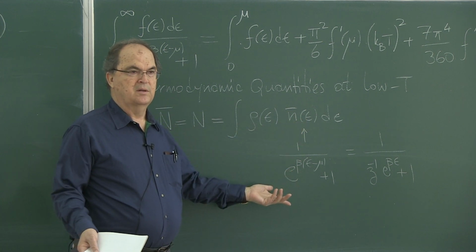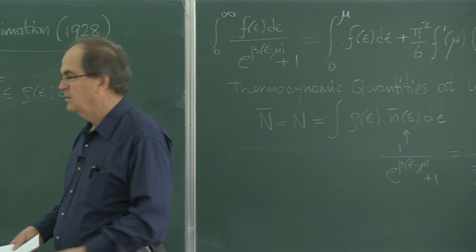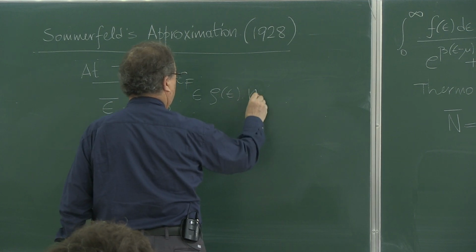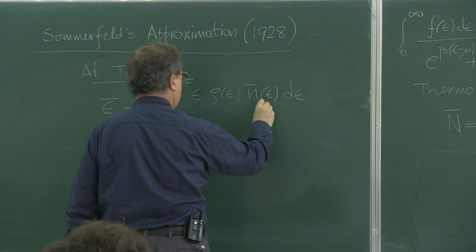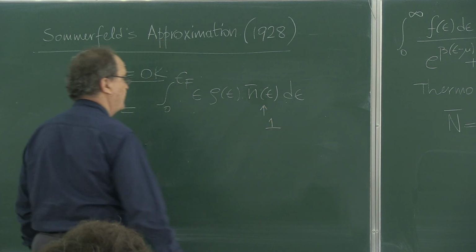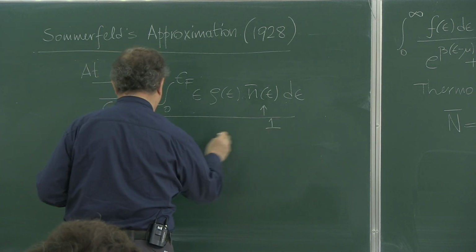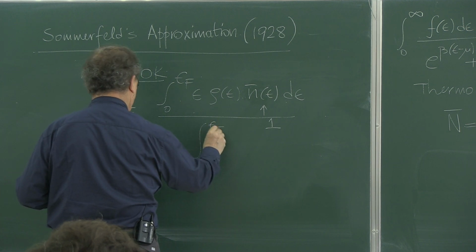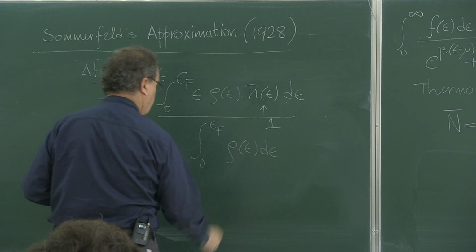Because it is 1 up to E_F. So it must be n bar of E, but that is equal to 1, divided by the number of particles.